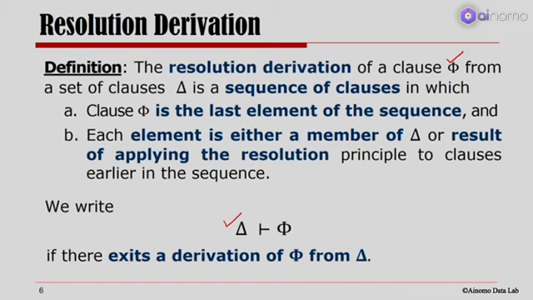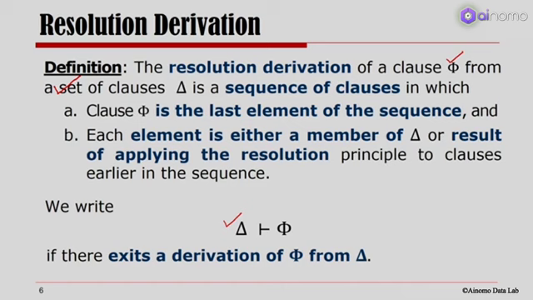So for a set of clauses delta, we can show that delta logically implies a formula phi by finding a proof of phi from delta. That is, if we could apply some resolution and we could establish that delta derives phi, then we could show that delta logically implies phi.